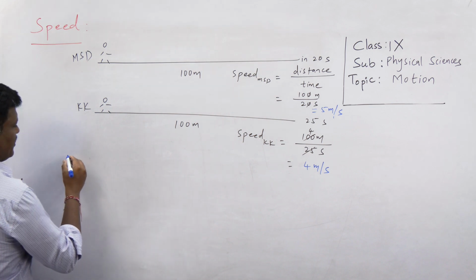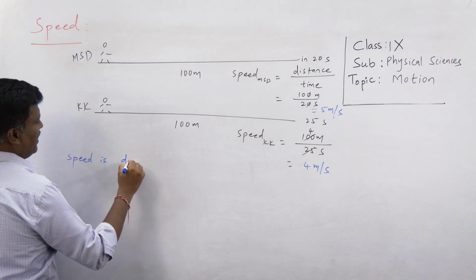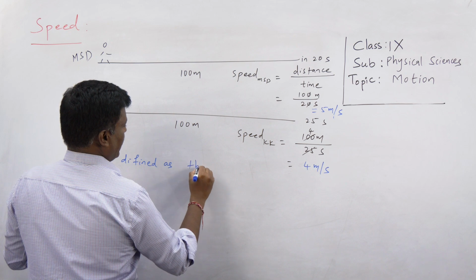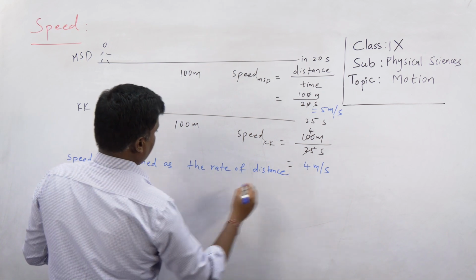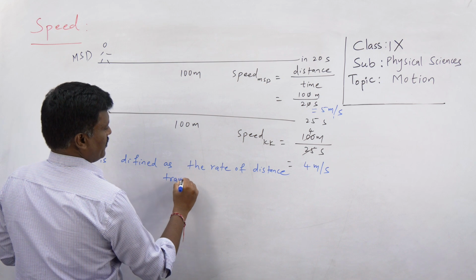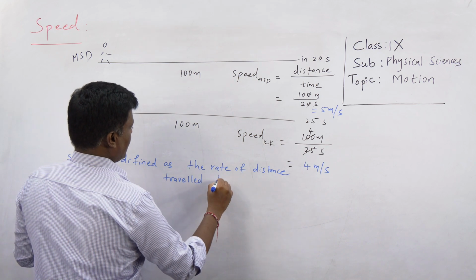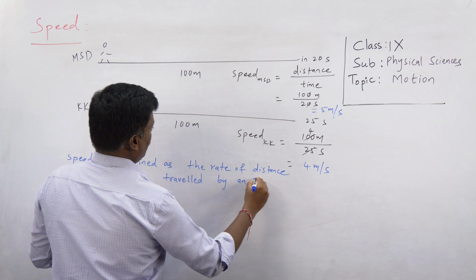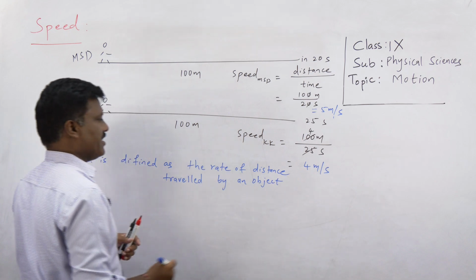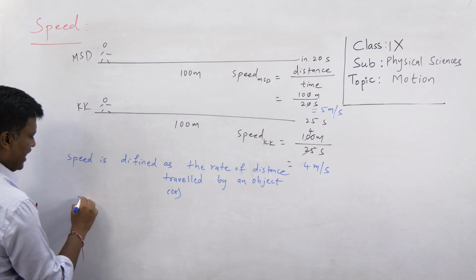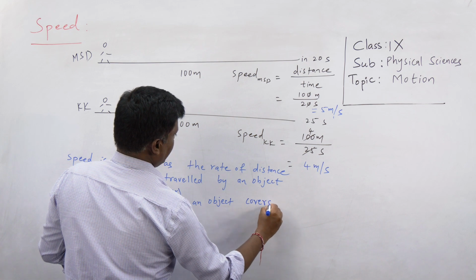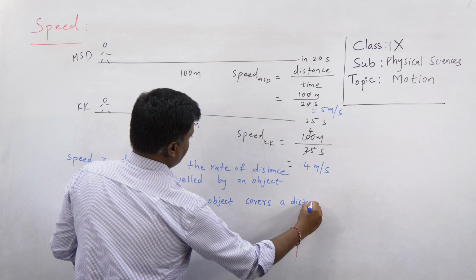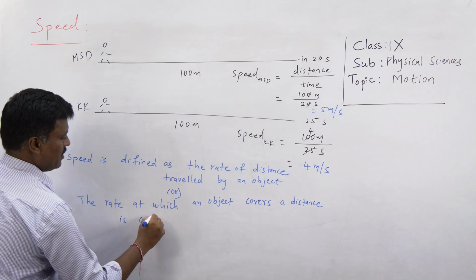Speed is defined as the rate of distance traveled by an object, or the rate at which an object covers a distance. The rate at which an object covers a distance is called speed.